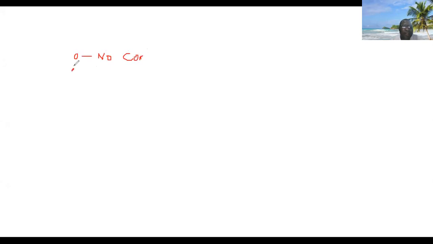Less than 0.2 is negligible, that is very small. Then 0.2 to 0.5 is weak.